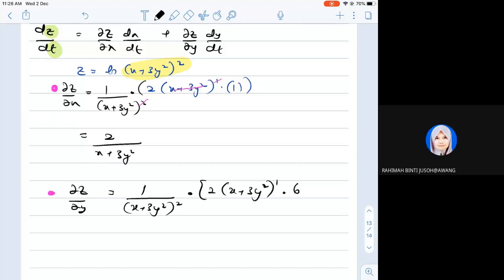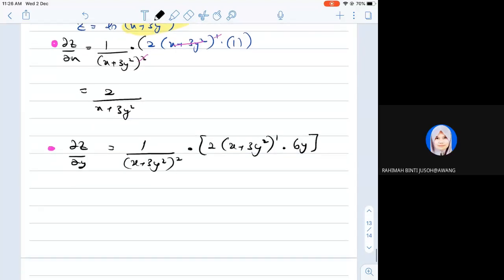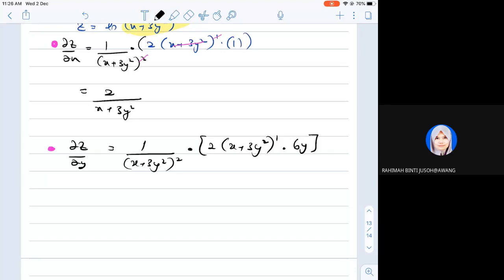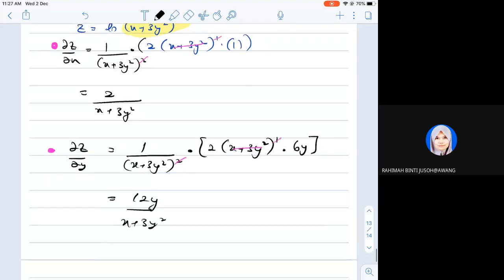Yeah, 6y. Okay, very good. So 6y becomes 12, right? So we will have equals 12y over the same thing, because this can cancel, this is power 1. So we will have X plus 3y squared, like this. So settle.